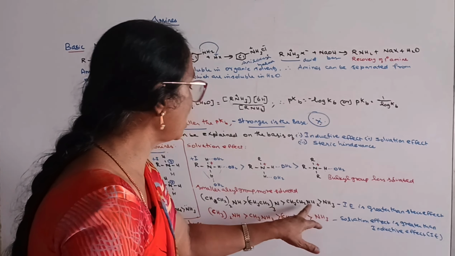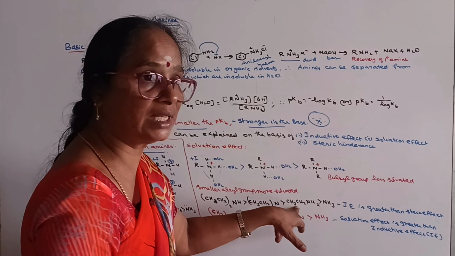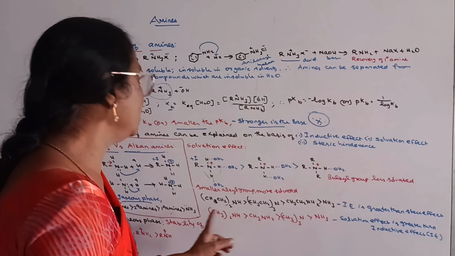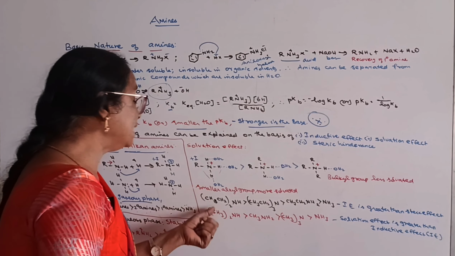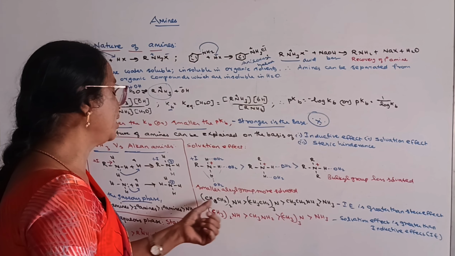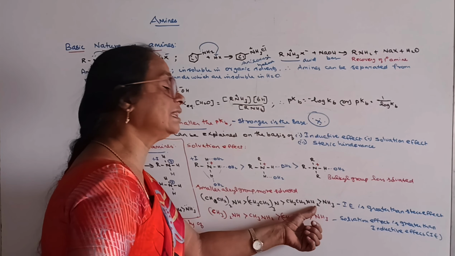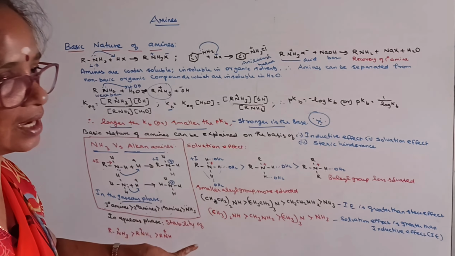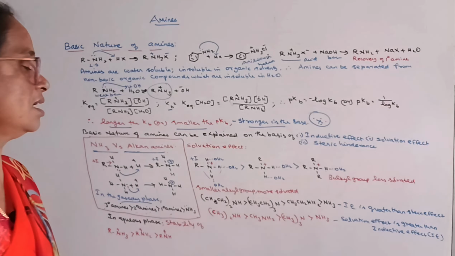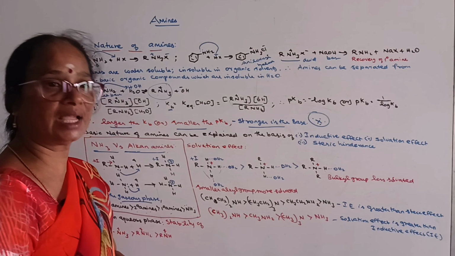In this primary amine, the solvation effect is maximum, but the inductive effect is minimum. That's why we have this order of basic nature: diethylamine is greater than triethylamine, which is greater than ethanamine and ammonia. Now, let us have the other one where, instead of the ethyl group, we are going to take the methyl group.